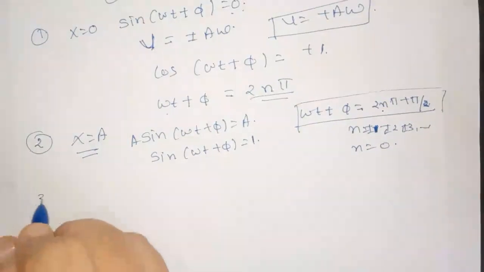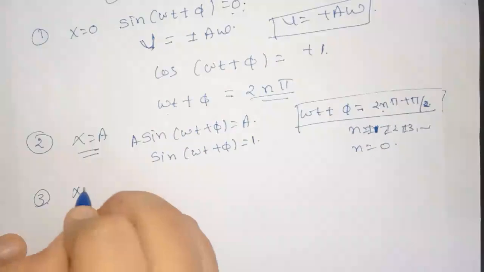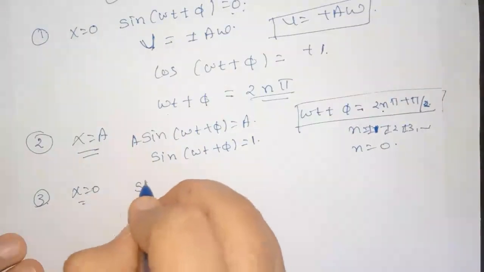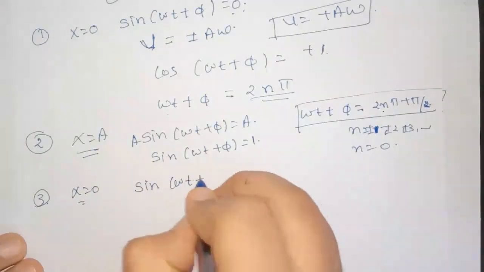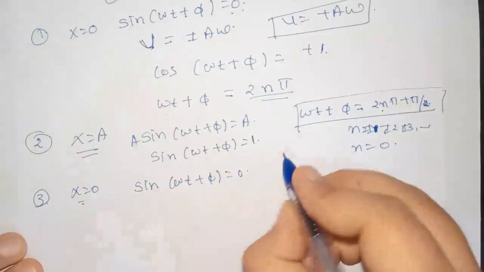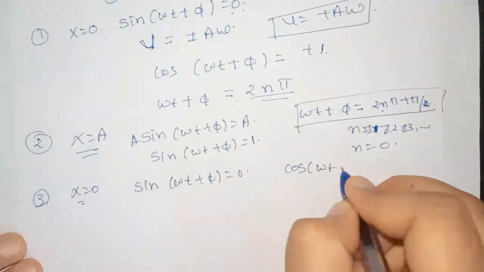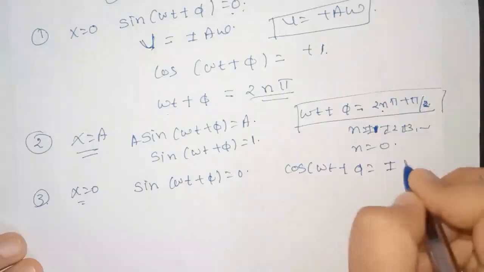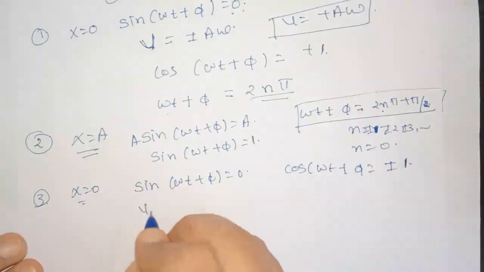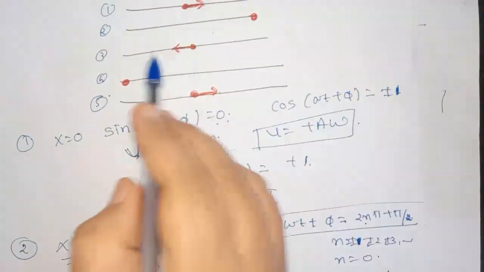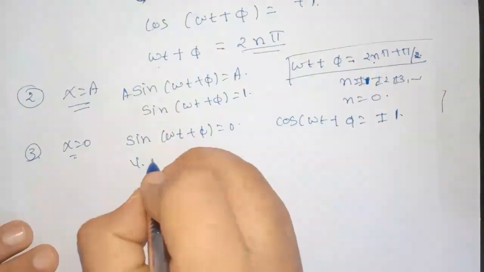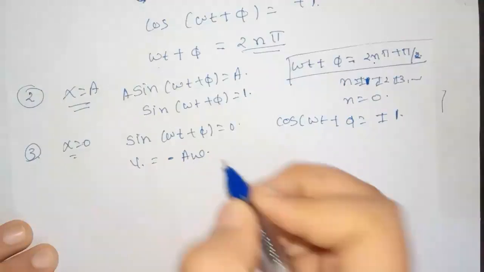Now, in the third case, x is equals to 0. So sine of omega t plus phi is equals to 0. So we can write cos of omega t plus phi is equals to plus or minus 1. But here the tendency is to move towards the negative direction. So velocity will be equal to minus a omega.